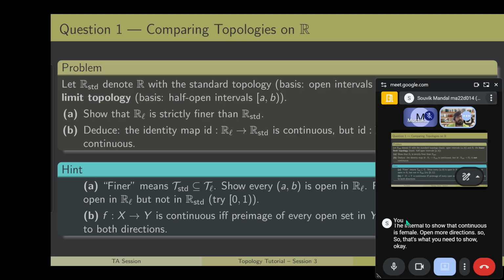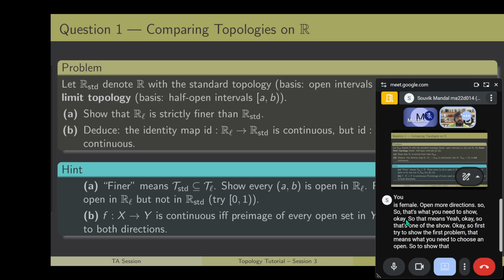So first try to show the first problem. That means you need to choose an open set and show that it is open in the R lower limit topology. It shouldn't be very difficult. Please take your time, think about it, and let me know.